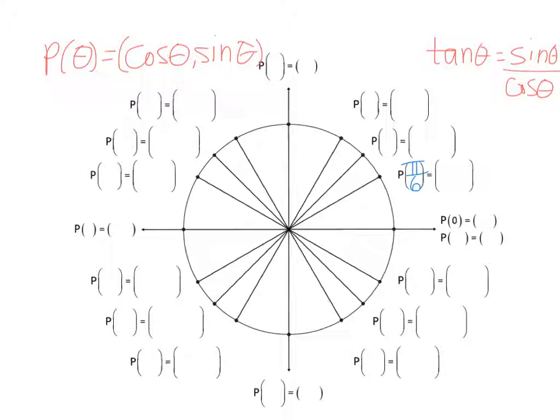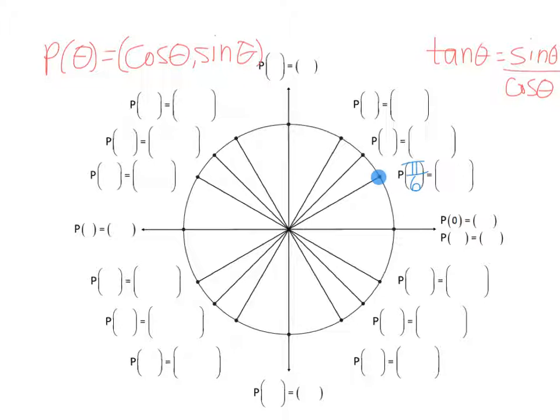The coordinates of the point, like this point right here, are actually the cosine of that angle and the sine of that angle. So the cosine of that angle is the x value of that coordinate, and the sine of that angle is the y coordinate.